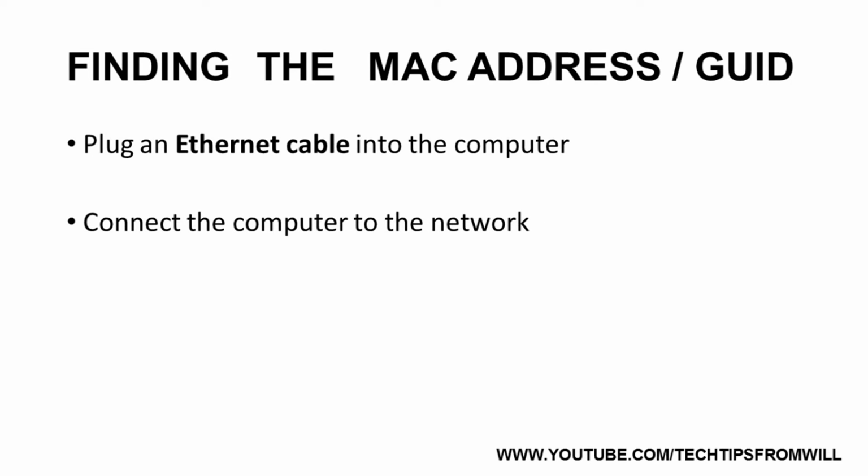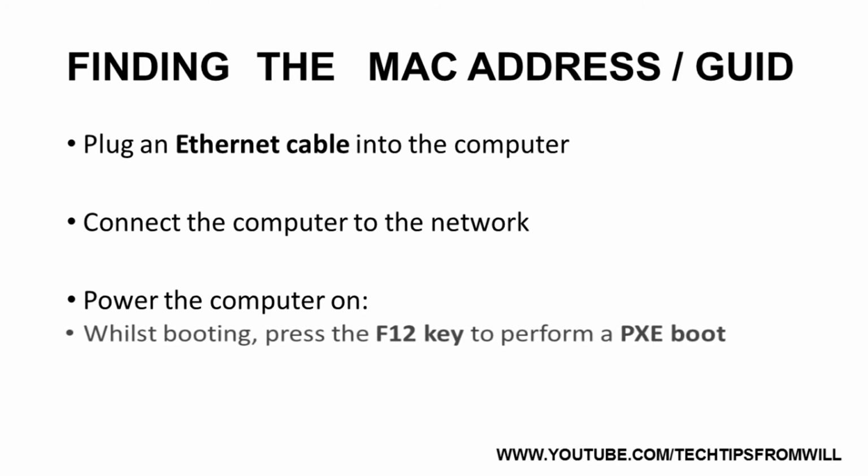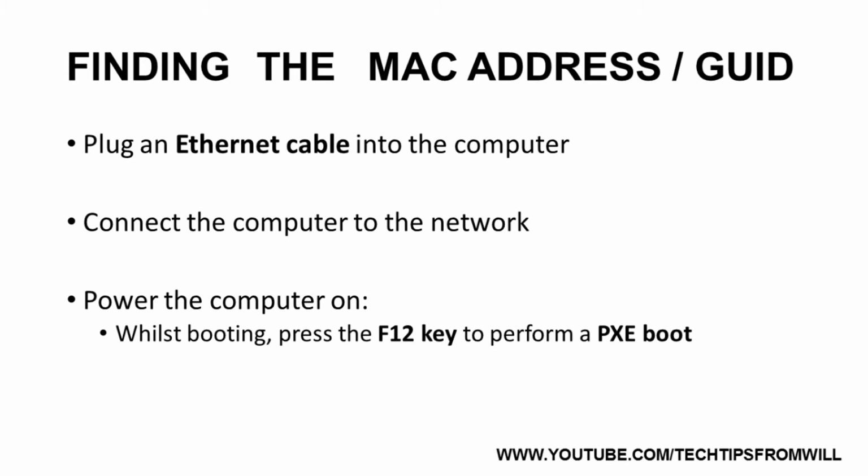When you power the client computer on, whilst the client is performing its initial boot checks, simply press the F12 key. Pressing F12 whilst the computer boots will force the computer to attempt a PXE boot from the network adapter. Of course, this will only work if the client computer is compatible with PXE.